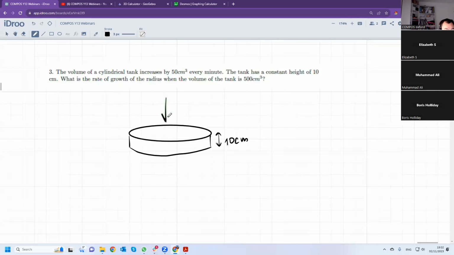But water is added, 50 cubic centimeters per minute. We add water to the tank, and the tank becomes bigger, but it doesn't become taller, it becomes wider. So this is a bizarre tank. So you can imagine how it works.